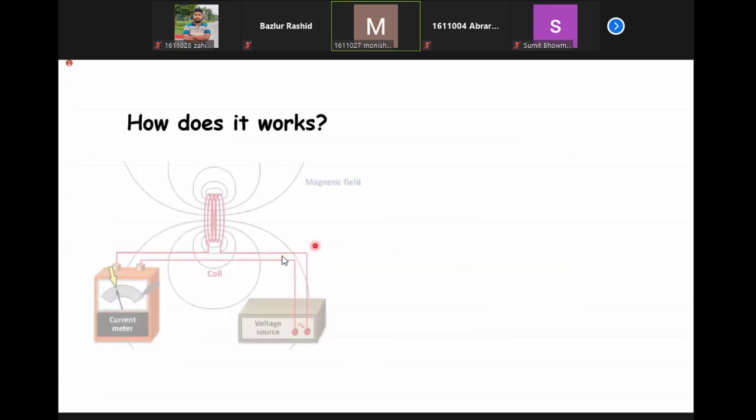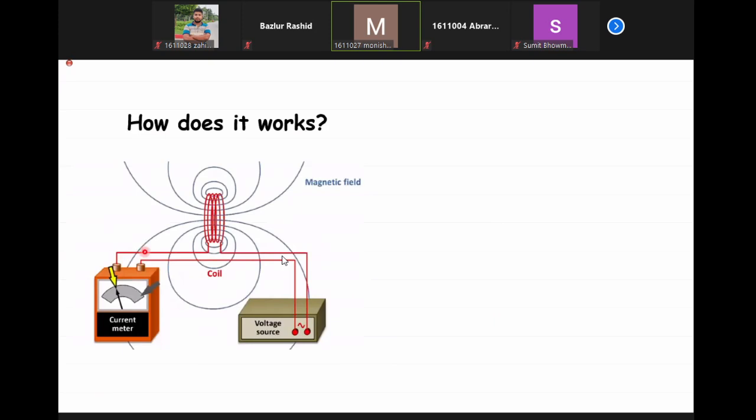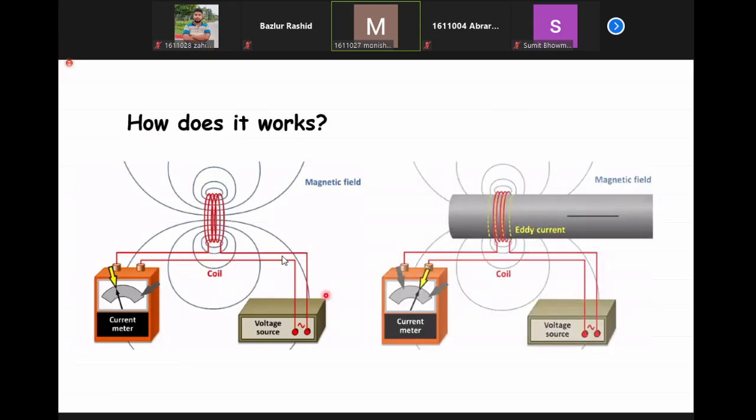Then eddy current. An electromagnetic field is generated around a coil while passing electricity through it. This magnetic field will induce a secondary magnetic field if there's a conductor, and that secondary magnetic field will result in a circulating current known as the eddy current.